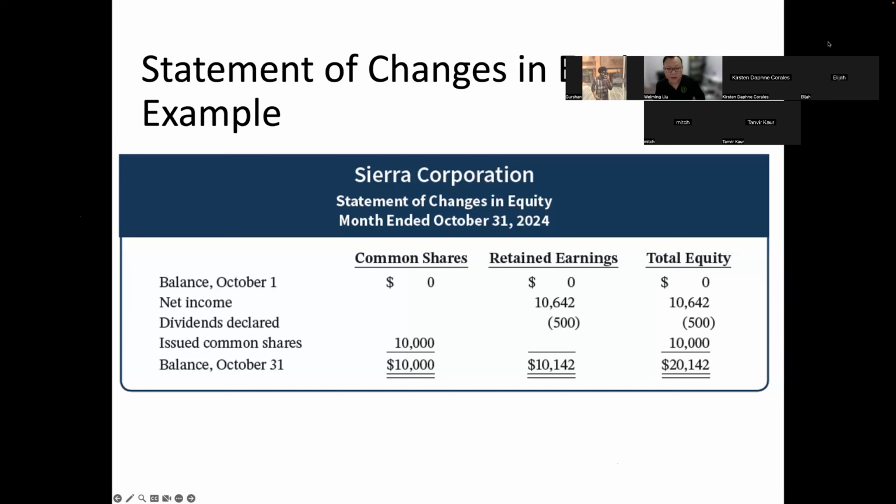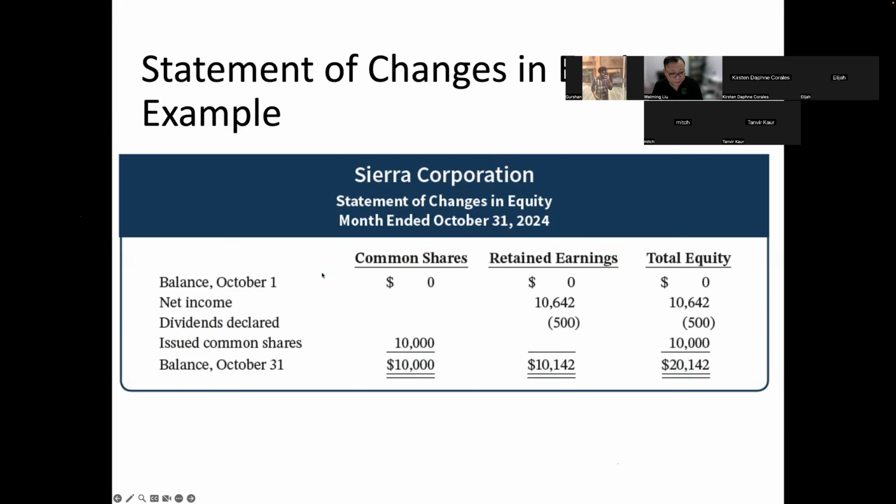No common shares, no retained earnings, not positive, not negative, 0, and equity is 0. So what does this tell you about this company? So this is a new company as of October 1st.